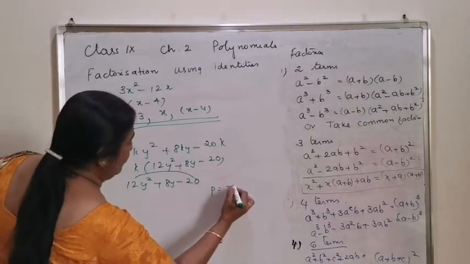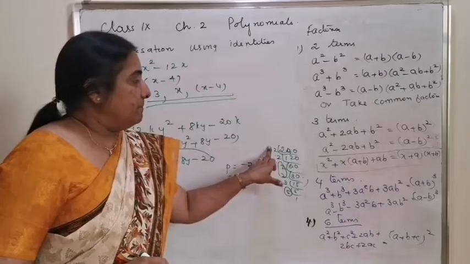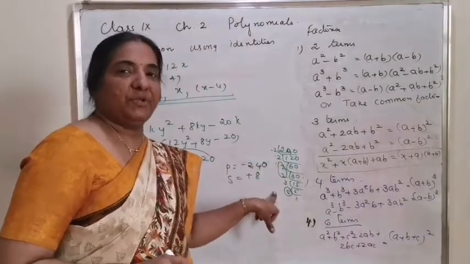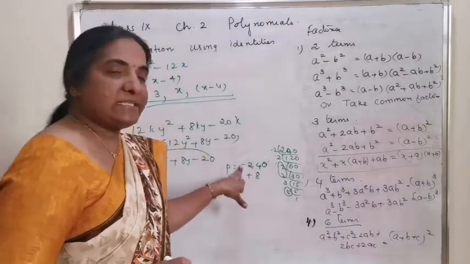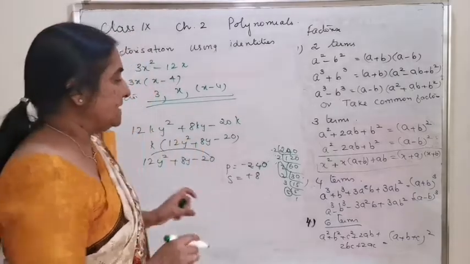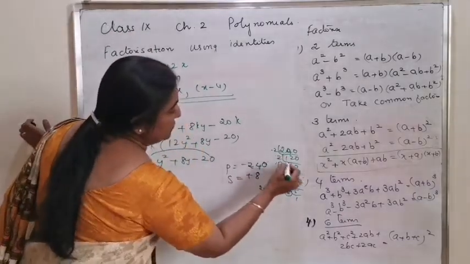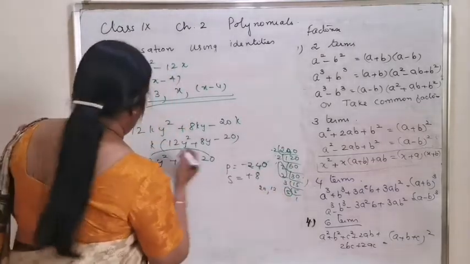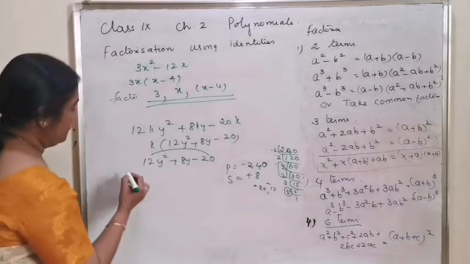Product is equal to minus 240. Sum is equal to positive 8. By prime factorization, you can select the factors depending on the rule. That is, when the product is negative, the difference of the factors gives you the final answer. Thus, 5 fours are 20 and 3 fours are 12. So, based on the sign here, plus 20 and minus 12.